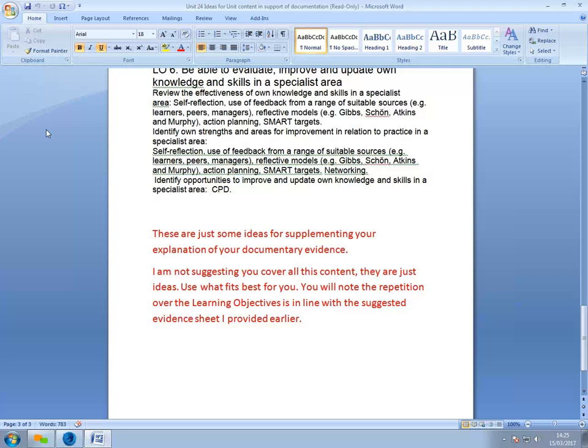Technically, as you put this work together, I would like you to do them in order. You end up with a folder with unit 1, 2, 3, 4, and then the other units following on from there in numerical order. And when you get to a specific point where you think you've covered it completely in a previous unit, you just refer to unit 1, or unit 2, or whatever the unit is.